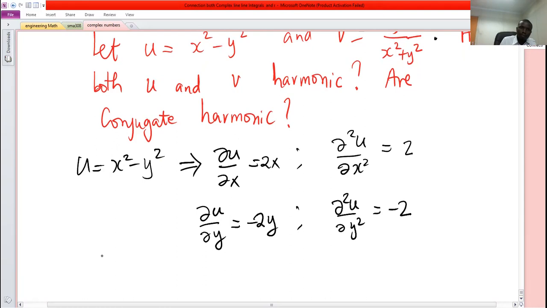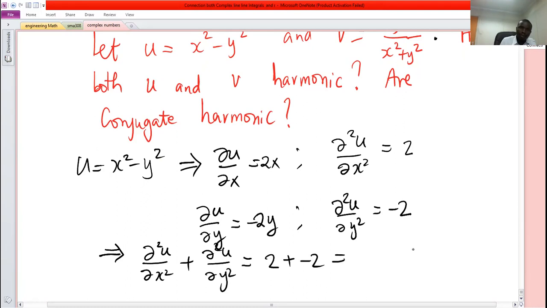So this implies that partial squared u partial x squared plus partial squared u partial y squared is 2 plus minus 2, which is 0. That is, u is harmonic. So the function u is harmonic.